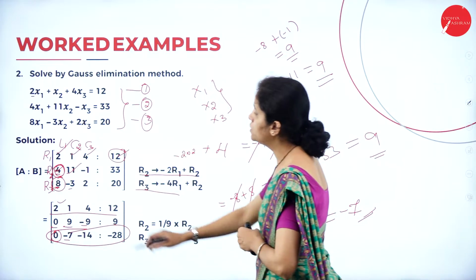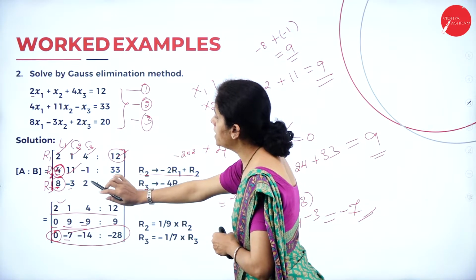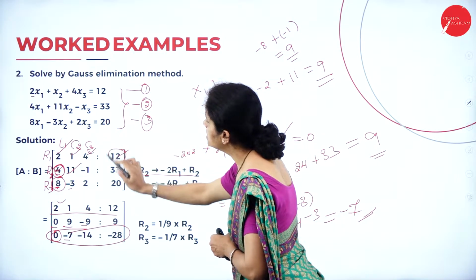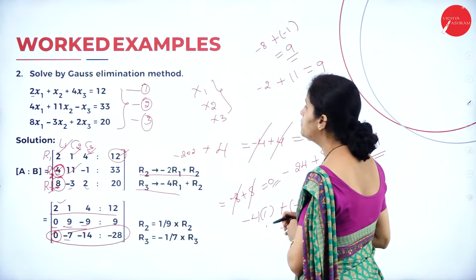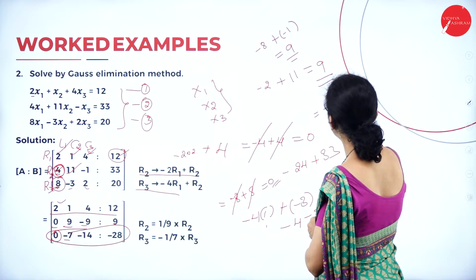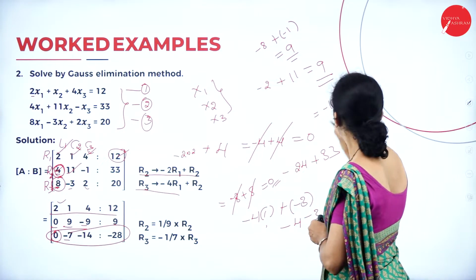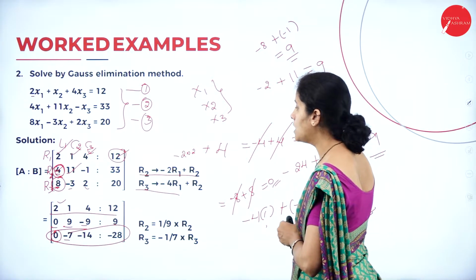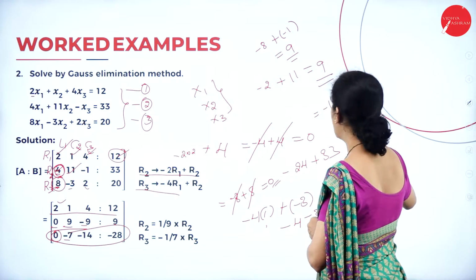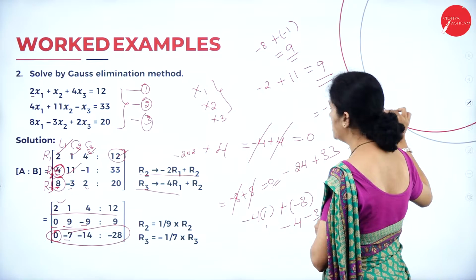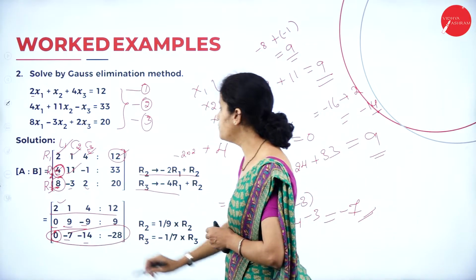Now for the next one, I want to consider this one and this one. So it is minus 4 into 4, it is minus 16, plus what is R2? R2 is 2. So what is the answer? Minus 14. I got minus 14.